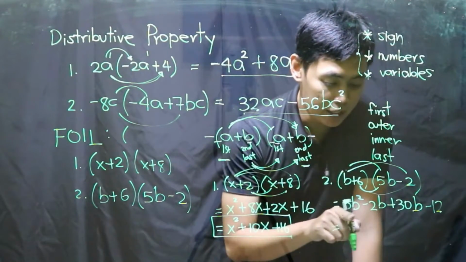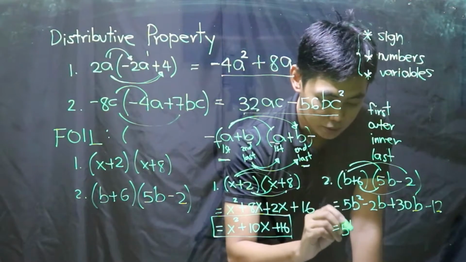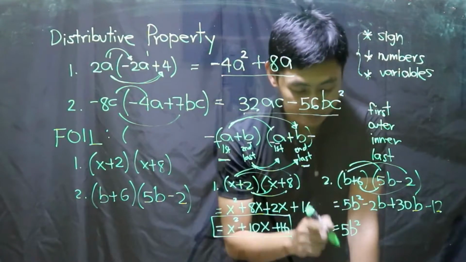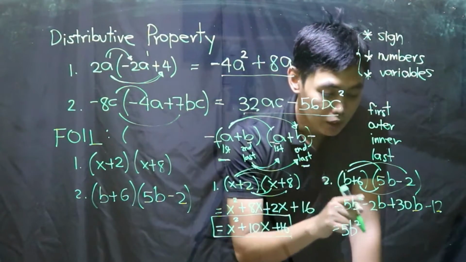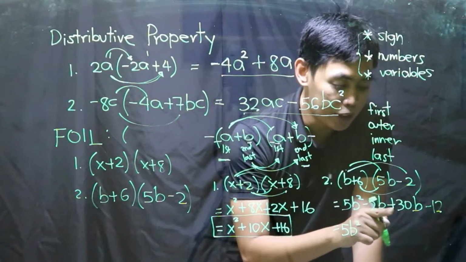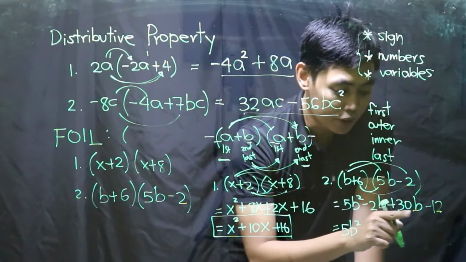Is there any other b squared aside from this one? No. So, simple. And then we have negative 2b and positive 30b. Okay? Negative 2b and positive 30b.